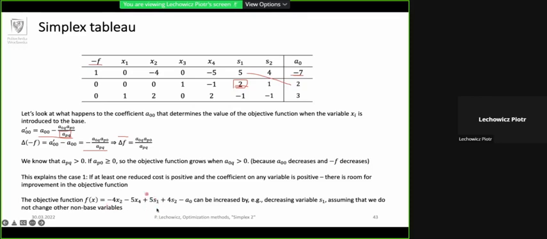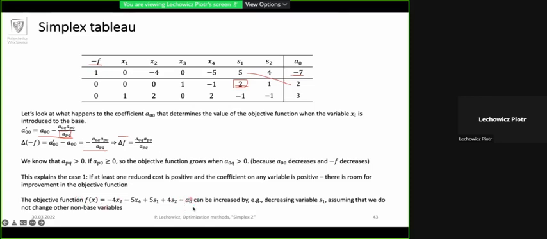So if we decrease the value of our introduced variable to the base, we also need to decrease the value of a0. So we are increasing the value of -a0. So we are increasing the value of our objective function.